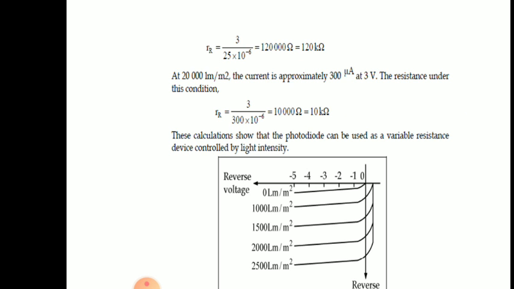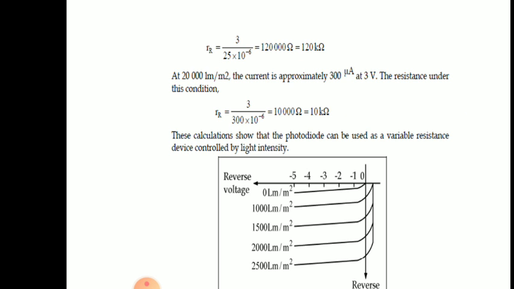These calculations show that the photodiode can be used as a variable resistance device controlled by light intensity. This is a very useful application of this particular diode, right? We can use it as a variable resistance because the resistance varies from 120 kilo ohm to 10 kilo ohm because of the applied incident light.